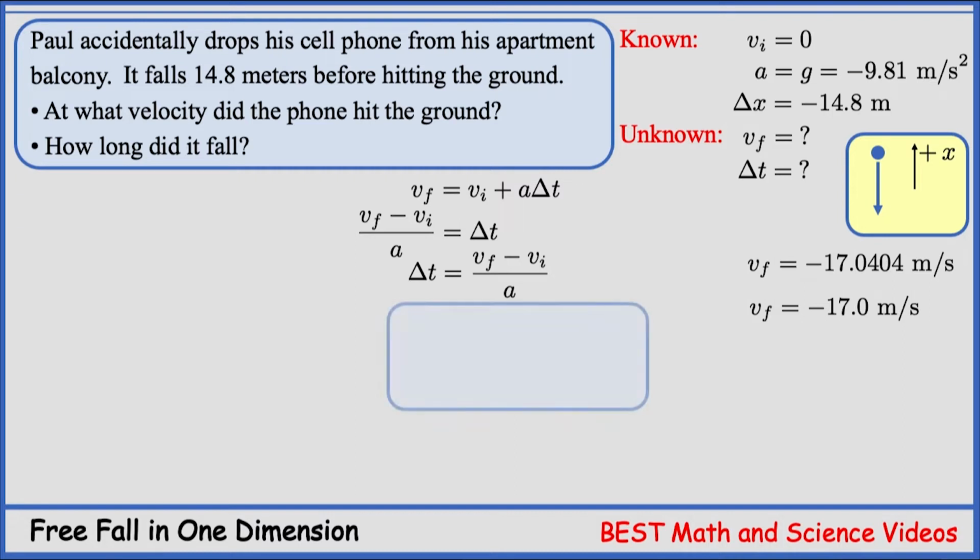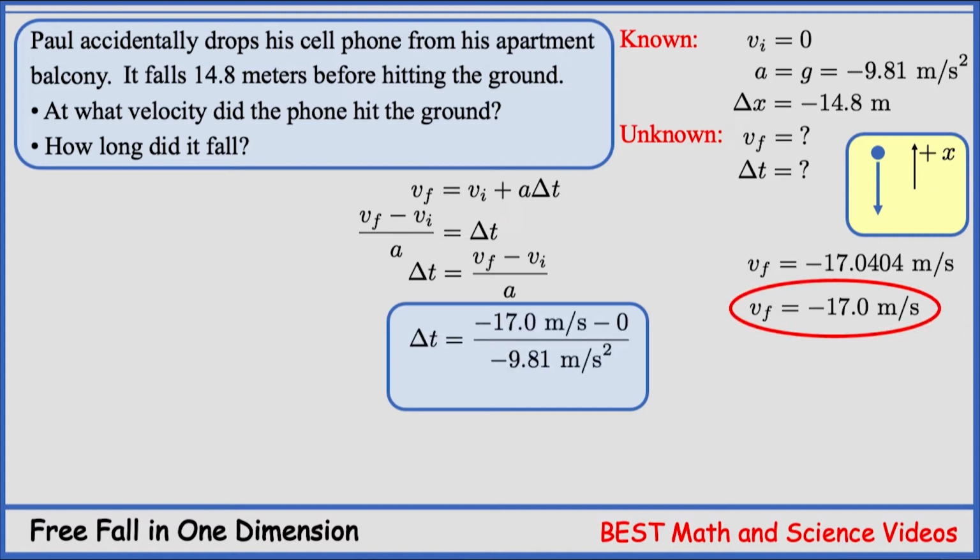something that you really need to watch out for when solving these types of problems. Let's finish finding delta t by substituting the final velocity we found before and the acceleration due to gravity. The answer equals 1.73 seconds. However, this answer is wrong.